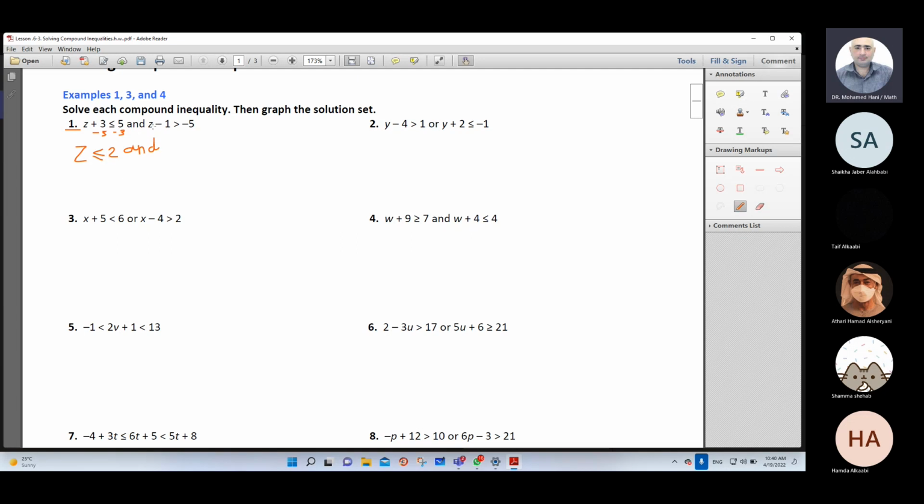do the same steps in the second inequality. We have z minus 1 greater than minus 5. So to solve this inequality, keep the variable alone. So try to remove minus 1 from this side.